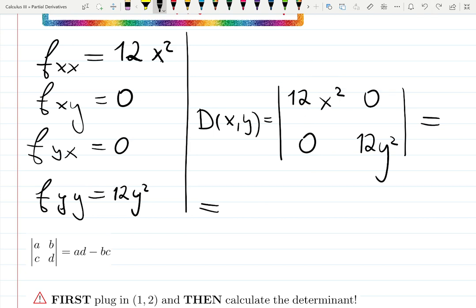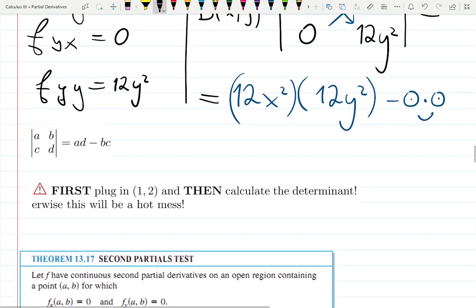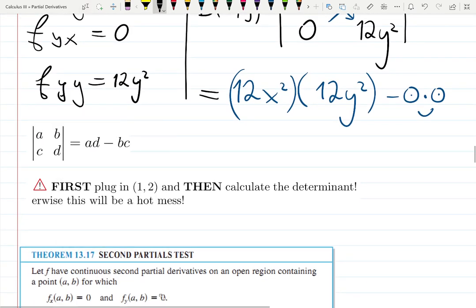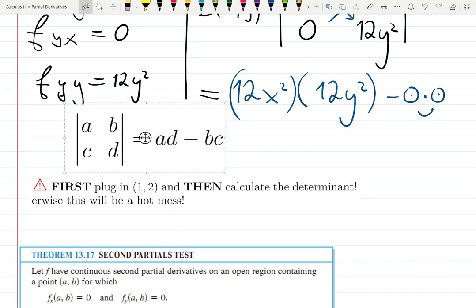Cross multiplication with a negative sign, cross product minus cross product. 12x squared times 12y squared minus 0 times 0. So this is the formula. In case you don't remember, it's the determinant of the 2 by 2 matrix, just cross product.